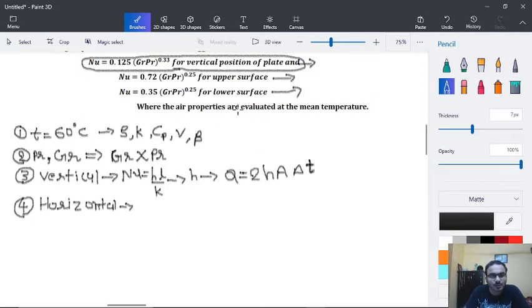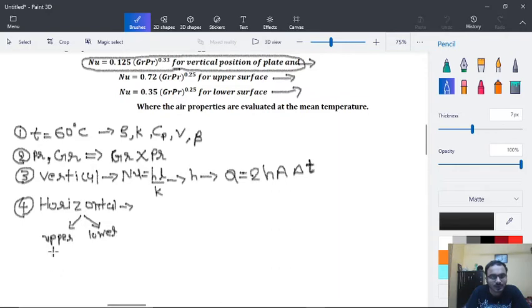In case of horizontal, there are two separate cases, one for upper and one for lower, so it will have two parts. For both of them we will apply separate empirical correlations.